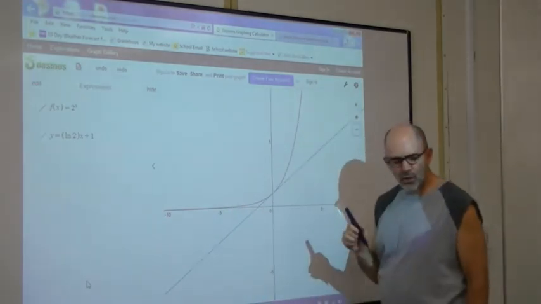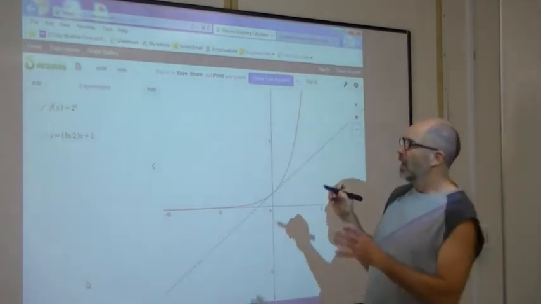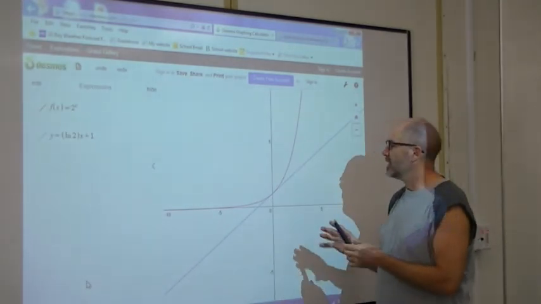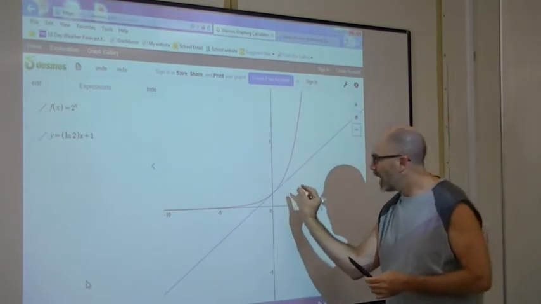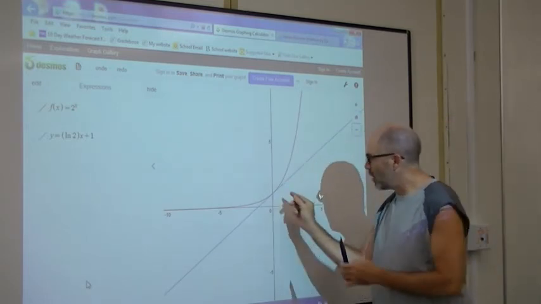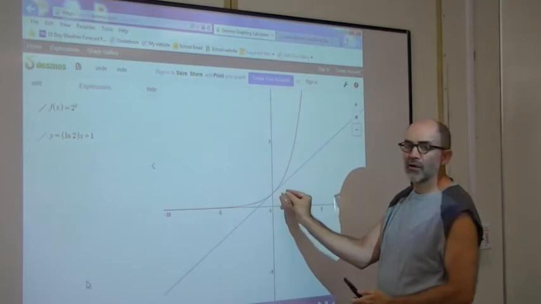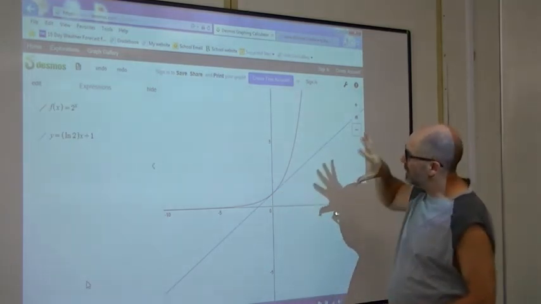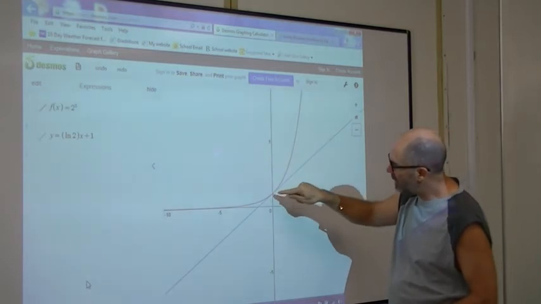Okay, so remember, the slope is the slope at this infinitesimally small x value. So what we're going to do is zero in on this x value.